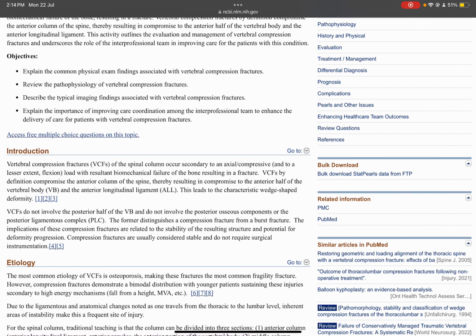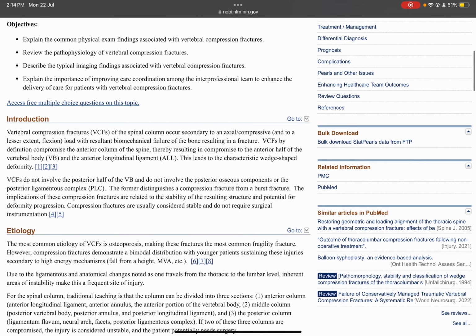It does not involve the posterior osseous compartment or the posterior ligament complex. The former distinguishes a compression fracture from a burst fracture. The implications of this compression fracture are related to the stability of the resulting structure and potential for deformity progression.